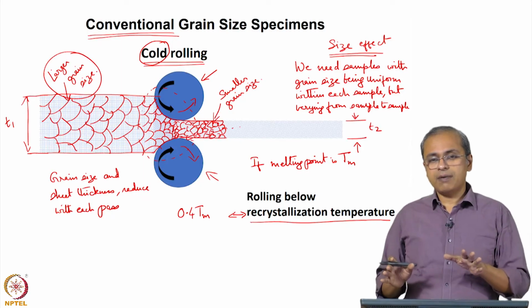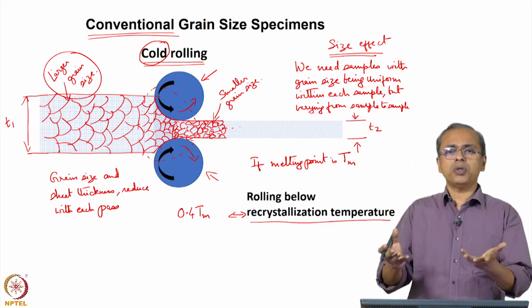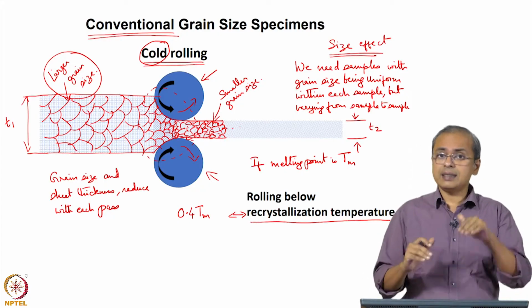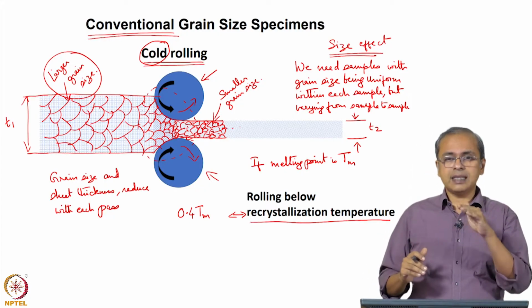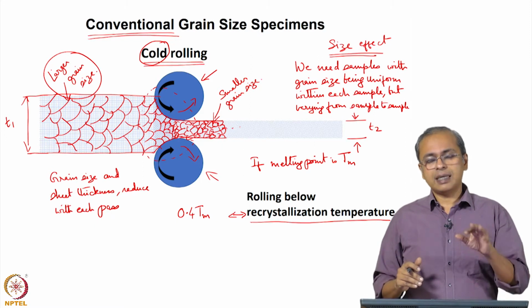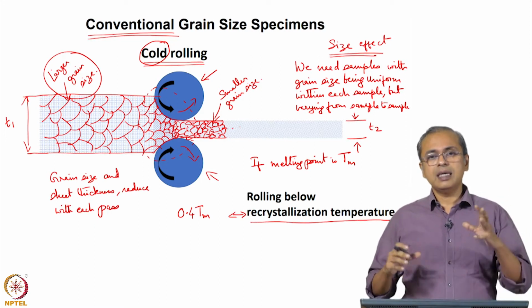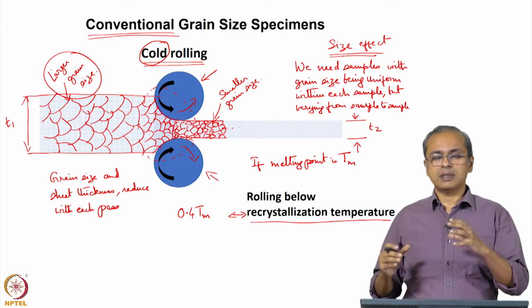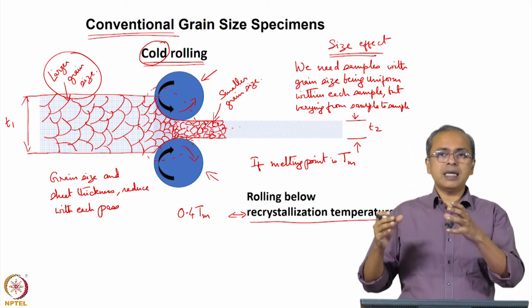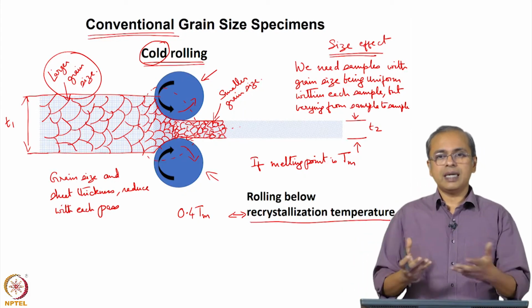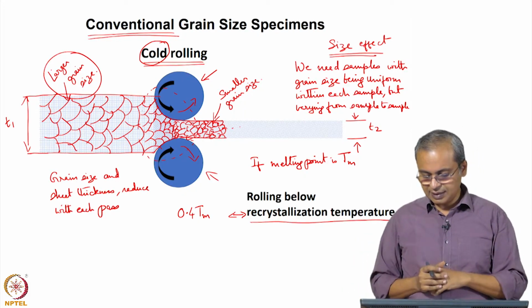In some cases maybe that is what you desire, and that is okay. In this case, you want that small grain size to remain, and therefore, it is desirable that you do not take the temperature above the recrystallization temperature and you stay below it. Above the recrystallization temperature, the grains recrystallize into bigger grains, and that is why it is called the recrystallization temperature.